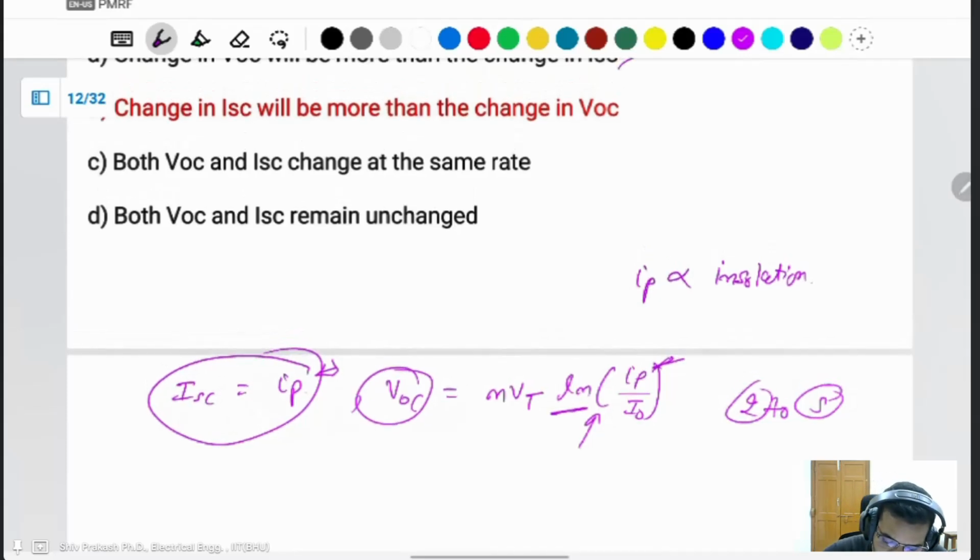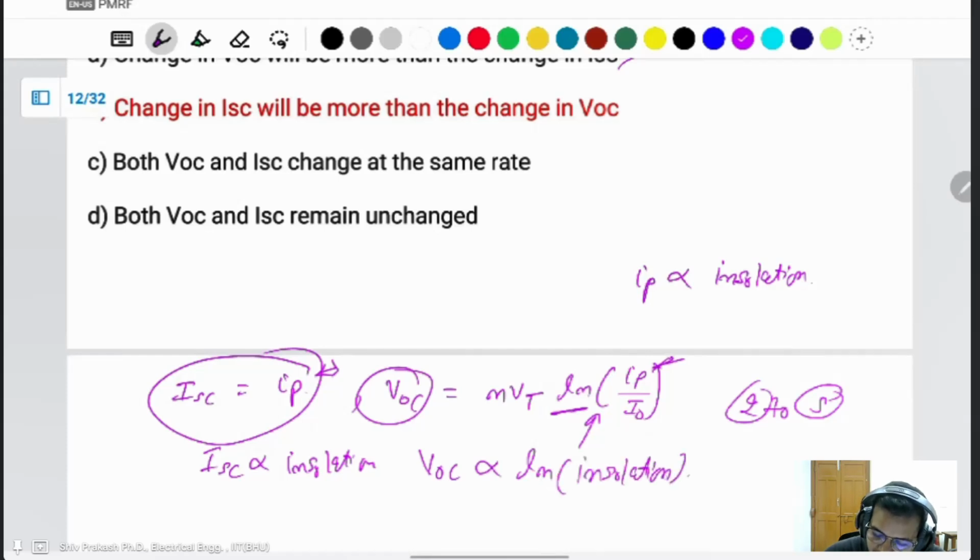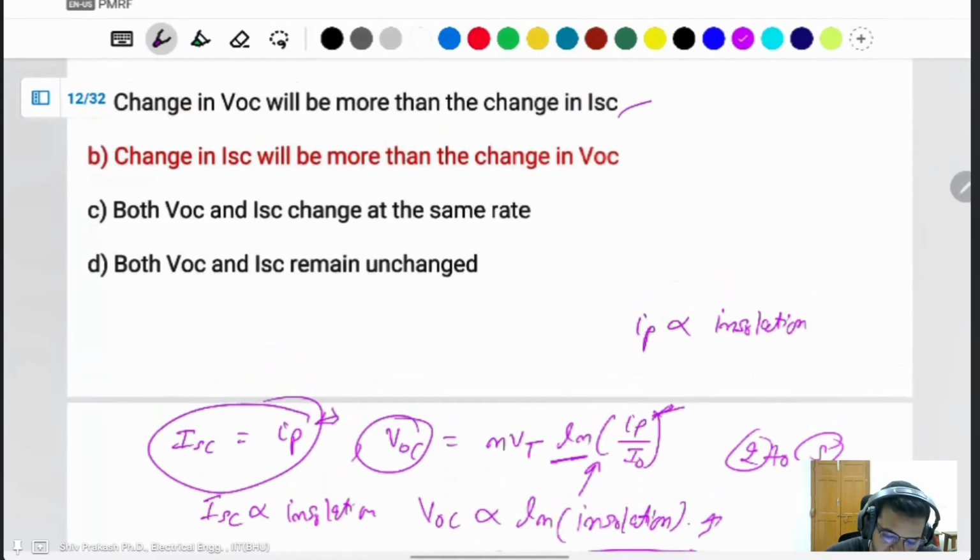That's why ISC is directly proportional to the insolation, but VOC is directly proportional to the natural log of insolation. That's why VOC will change very slowly, with a very low value, if you change the insolation.